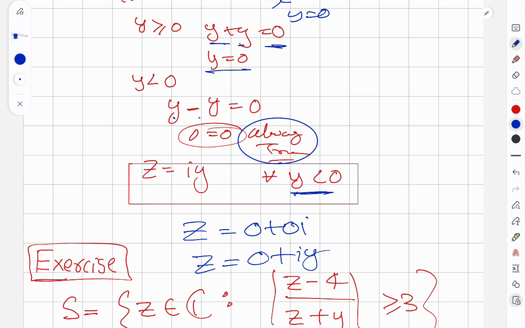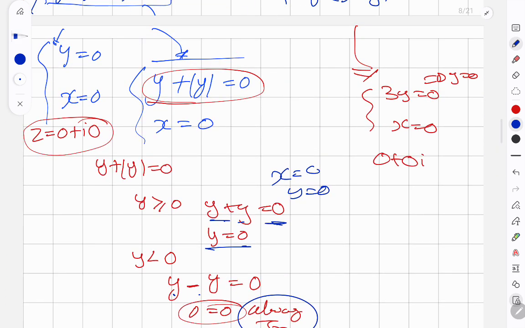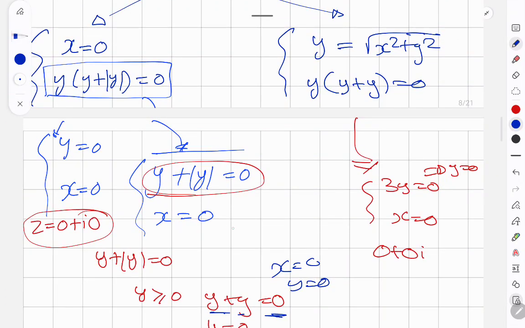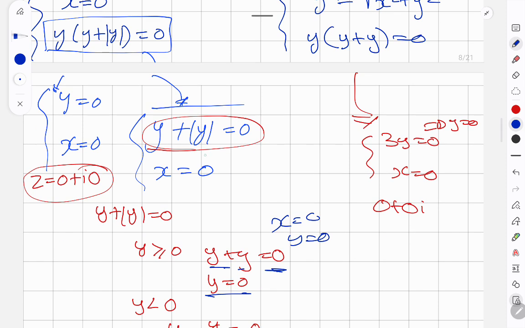For any y less than 0. Why is this? Until here, did you understand? Like we made three cases. Since we have this function, we break it into two more cases. This is 1, this is 2.